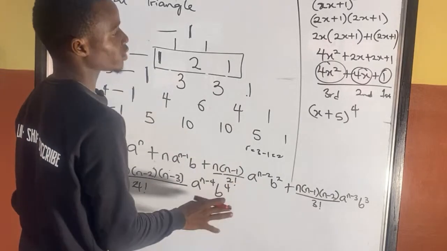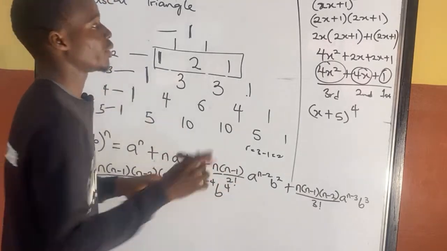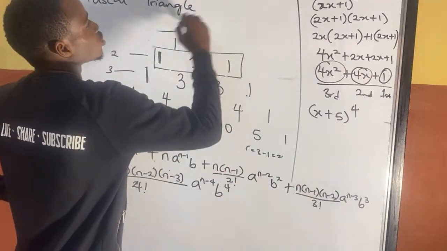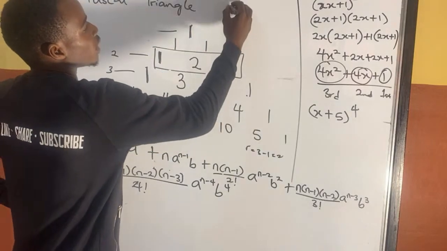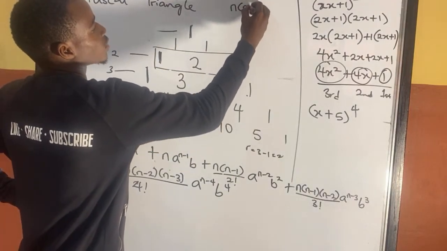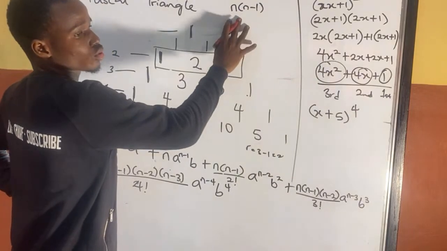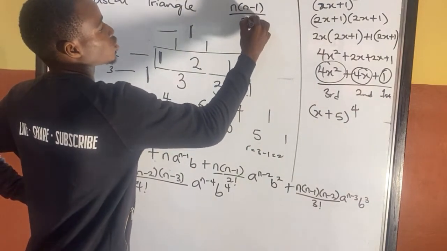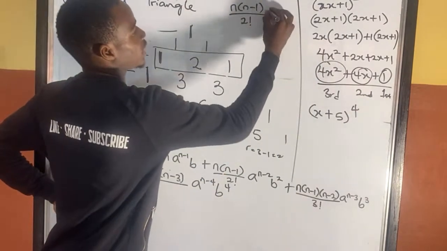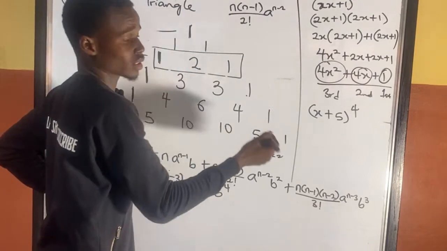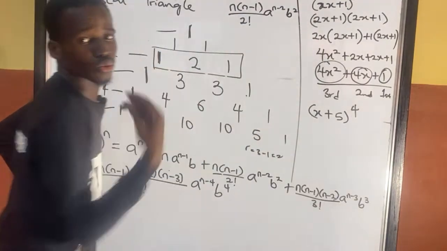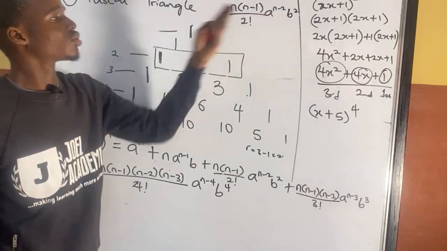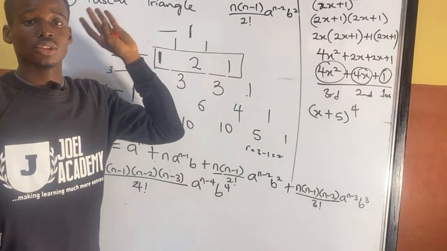In fact, forget about this formula. If you are asked to look for the third term anywhere, R is 2. So you now say, okay, 2 bar, n minus 1. How many do I have here? 2 over 2 factorial, right? A n minus 2 again. B 2. So this is everything I need to get my third term.